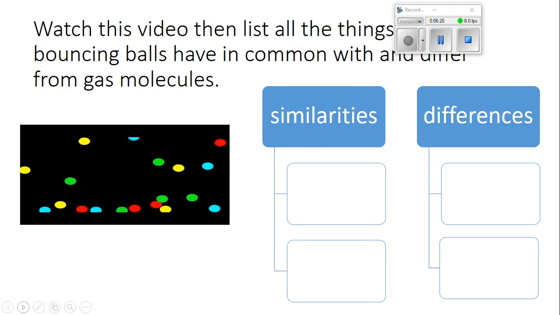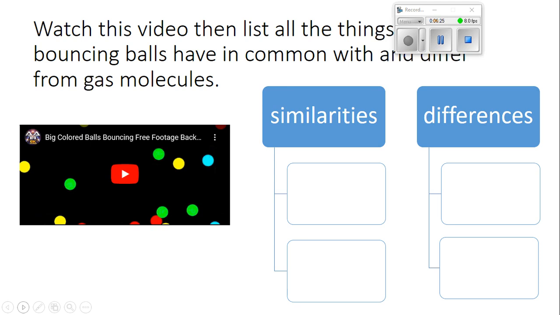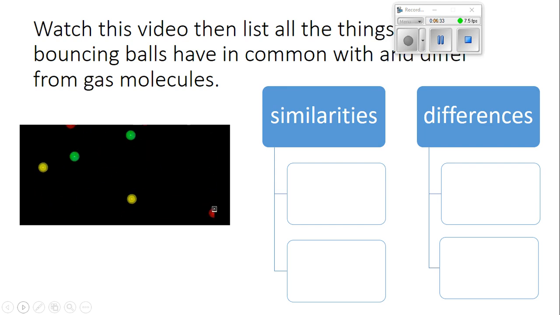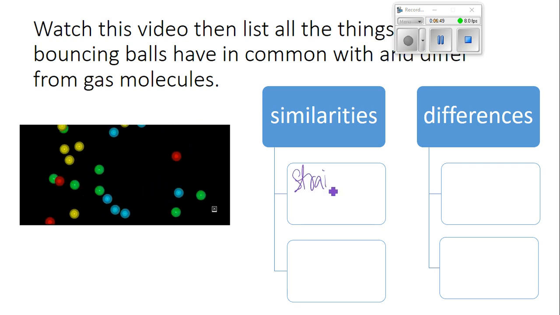Okay. This video shows these little molecules moving around. So let's see if I can play it for you. There they go. As these bouncing balls are moving around, we have to think about what they have in common with and how they differ from gas molecules. Something I'm noticing right away that's a similarity is they are moving in straight lines.